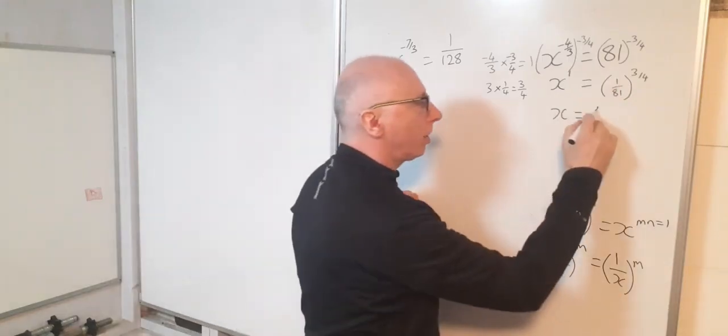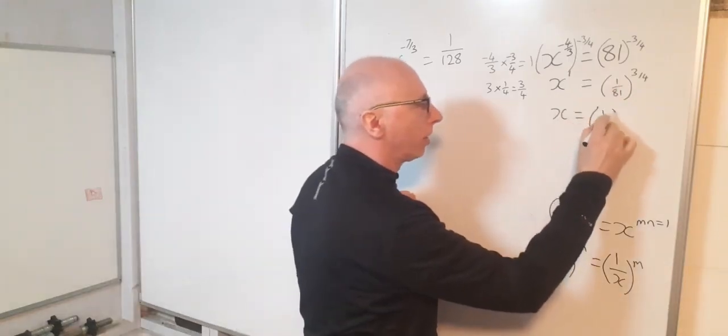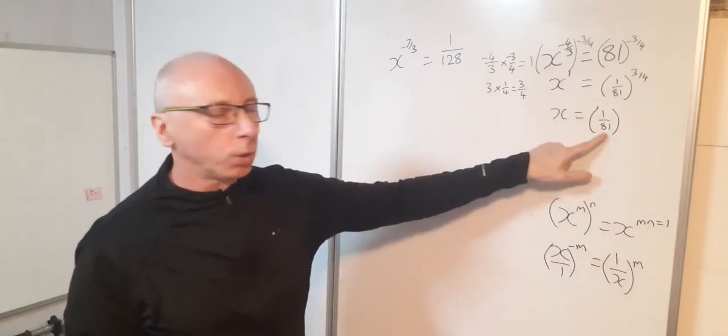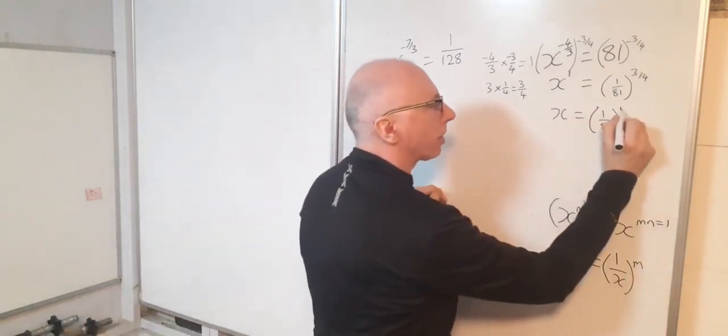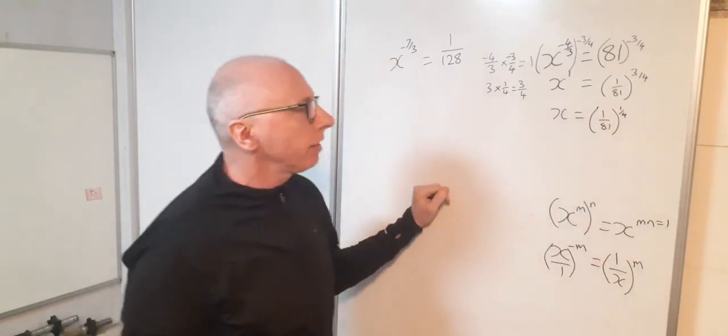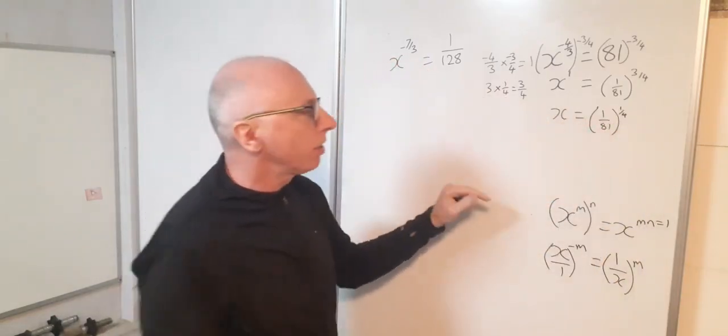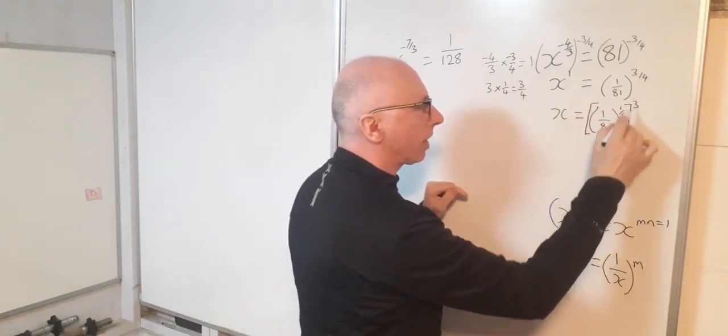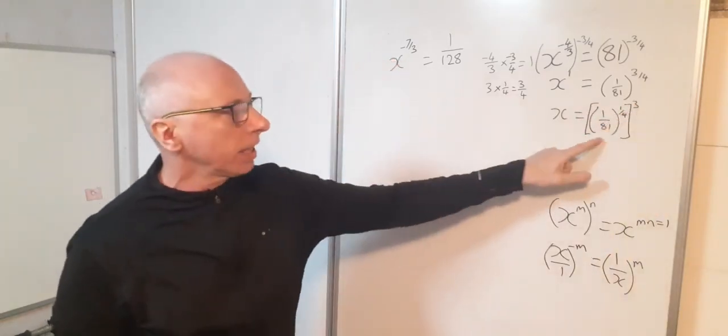So I've got 1 over 81, raised to the quarter, and then I'm going to raise the whole thing again to the power of 3. I'll put some different brackets in there so I can see clearly what's going on.